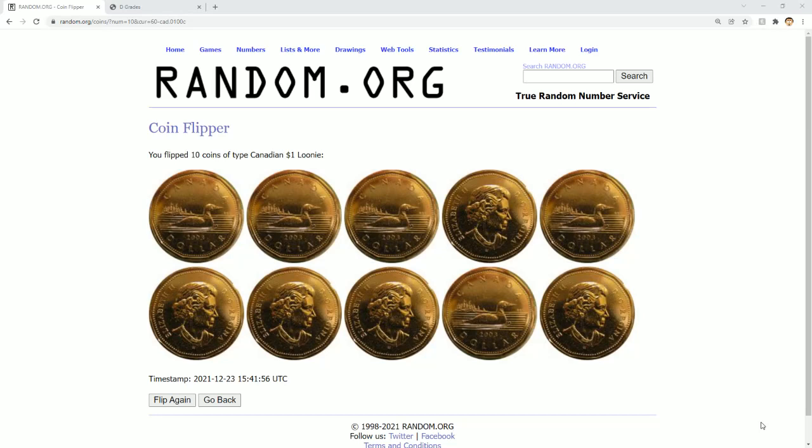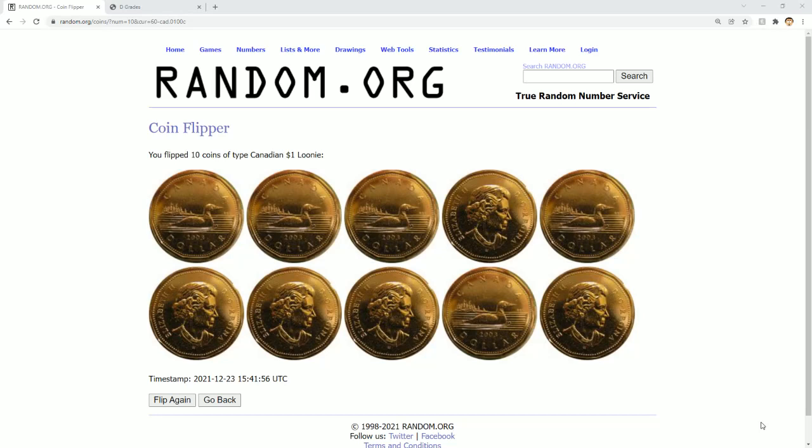So the idea here is that if I get a head, I'm going to consider that I got the question correct. And if I got a tail, I'm going to consider that getting the question wrong. I'm going to do 10 coins because we said there are 10 questions on the quiz. So the goal is to get at least 5 heads so that we pass.